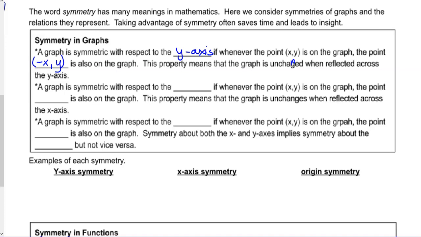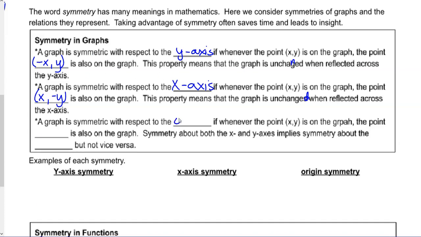Now, a graph is symmetric with respect to the x-axis if, whenever the point x, y is on the graph, then the point x, negative y is also on that graph. And this property means that the graph is unchanged when reflected across the x-axis as well. So notice for y-axis symmetry, it is a negative x. For x-axis symmetry, it's a negative y.